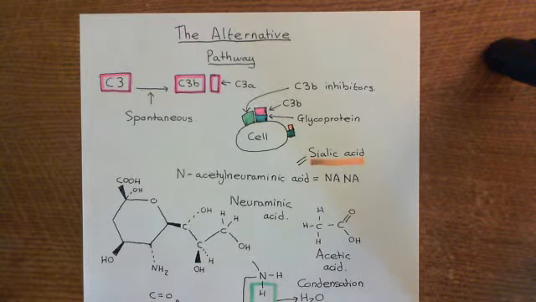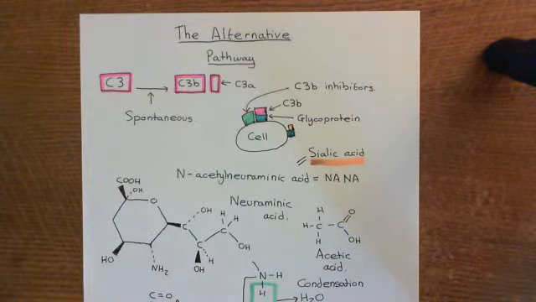Okay, so we have specialized proteins which inhibit C3b, and in addition this sialic acid molecule, also known as N-acetyl-neuraminic acid, is also found attached to other molecules on the surface of our cells, such as proteins, and it will also bind to C3b and inhibit it.